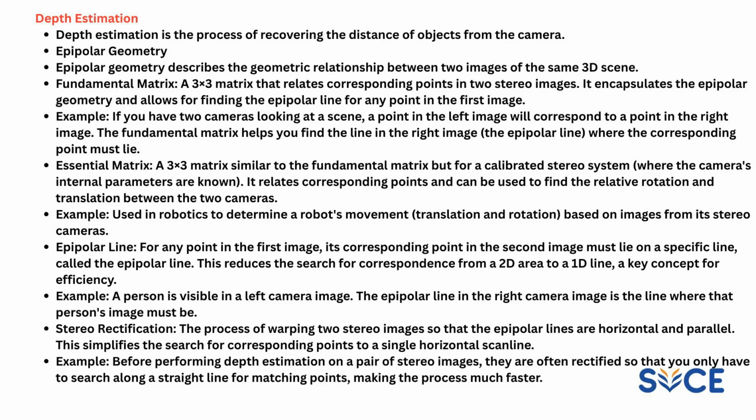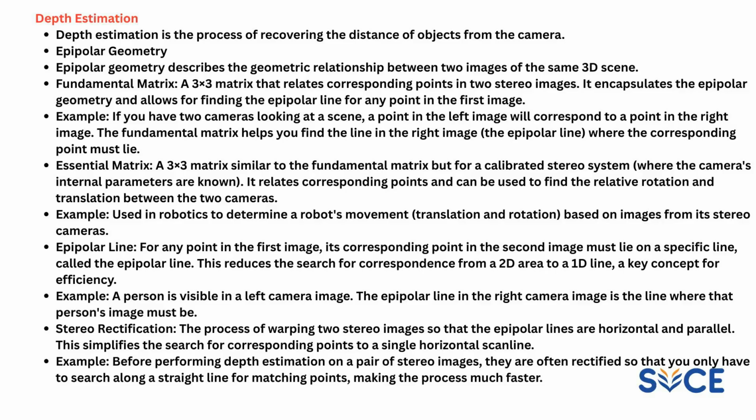Next we have to talk about the essential matrix. The essential matrix is closely related but assumes we know the cameras well, that is, they are calibrated. With calibration, we don't just know the lines of correspondence, we can also figure out the movement between these two cameras.